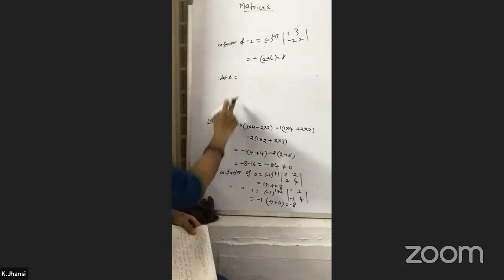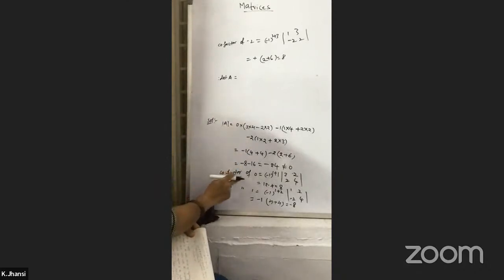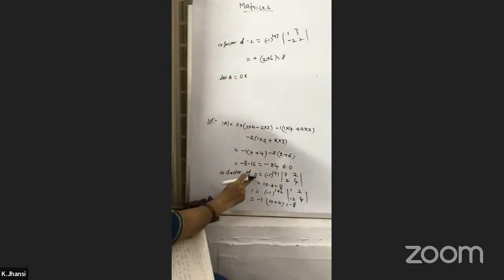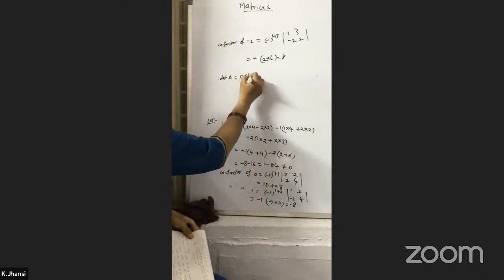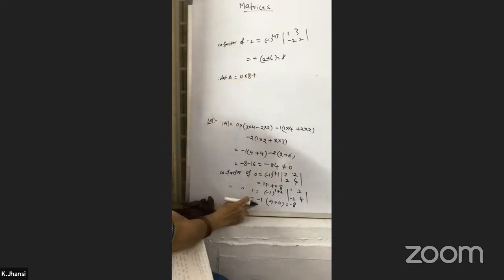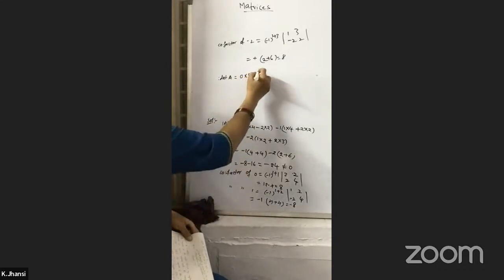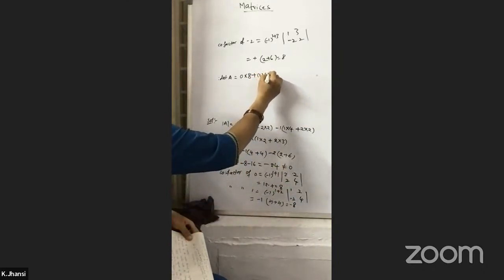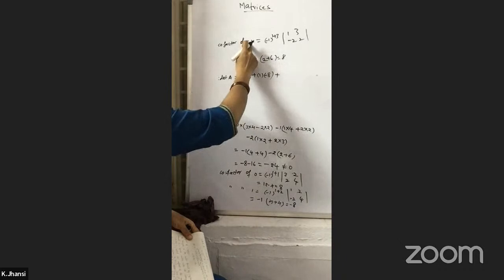That is 0, first we have the cofactor of 0. 0 into what we got as the answer for 0, 8, we got, into 8, plus for 1 into, we got the answer as minus 8. Okay. For the next, minus 2.